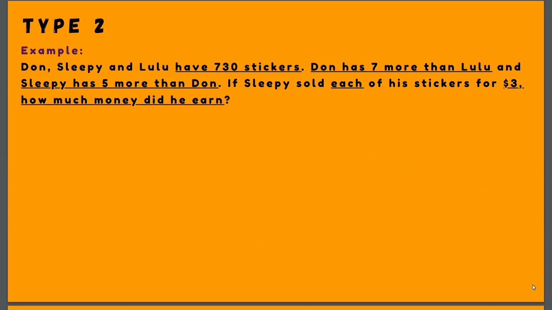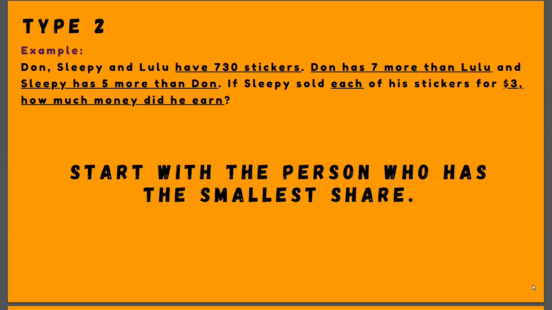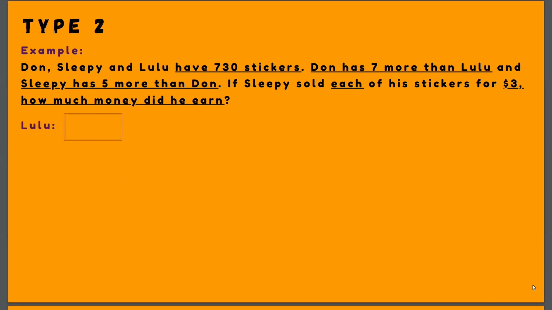That's a must. So when we have this type of unequal sharing problem, I would like you to start with the person who has the smallest share, right? So as we read this word problem, Don has more than someone. Sleepy also has more than someone.